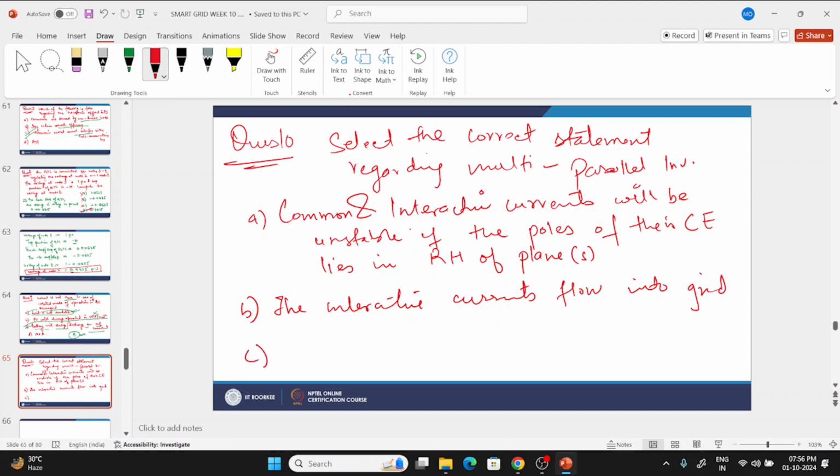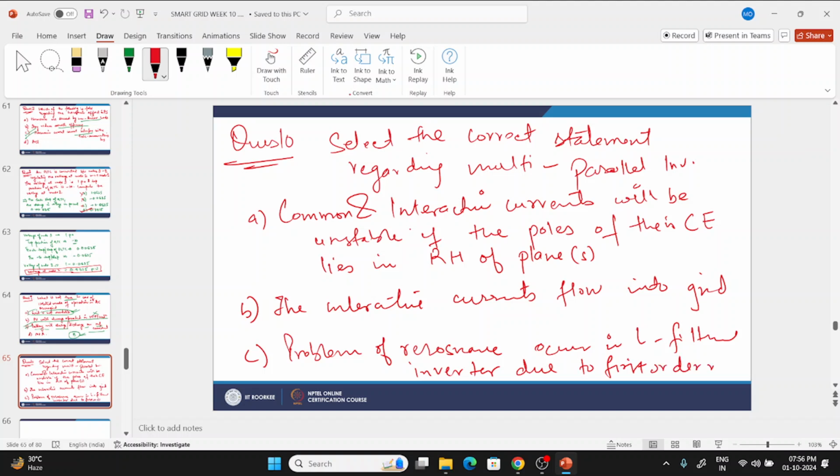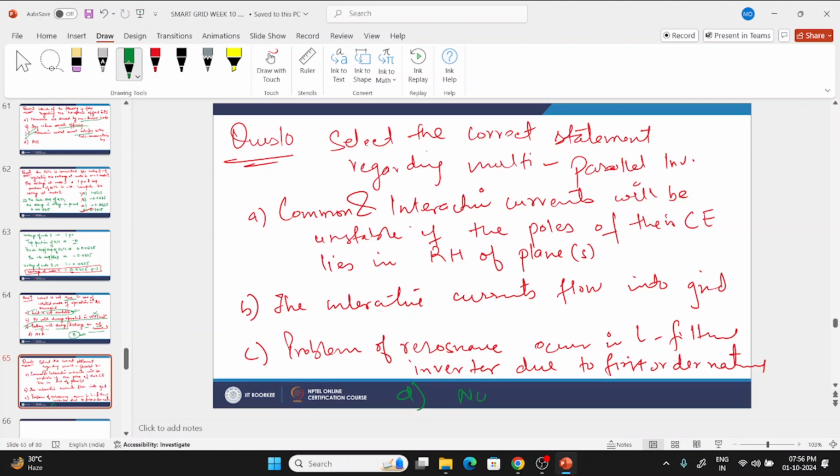C है problem of resonance occur in L filtered inverters due to first order nature. ठीक है, तो ये बताना डी नन ऑफ द अबव. ठीक, व्हाट इज डी? डी नन ऑफ द अबव. ठीक.